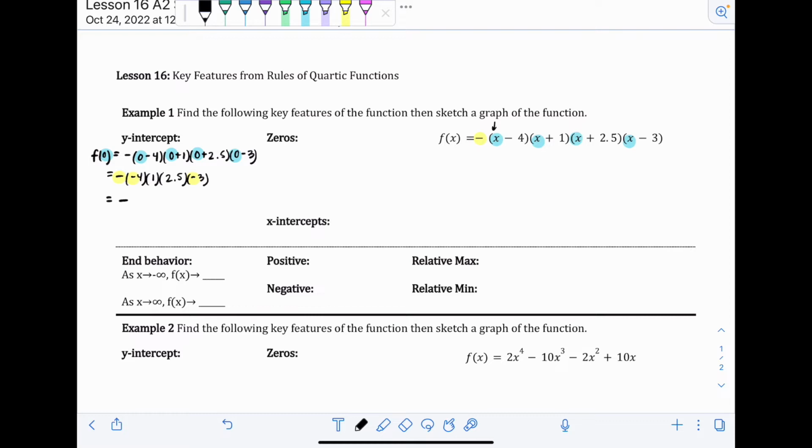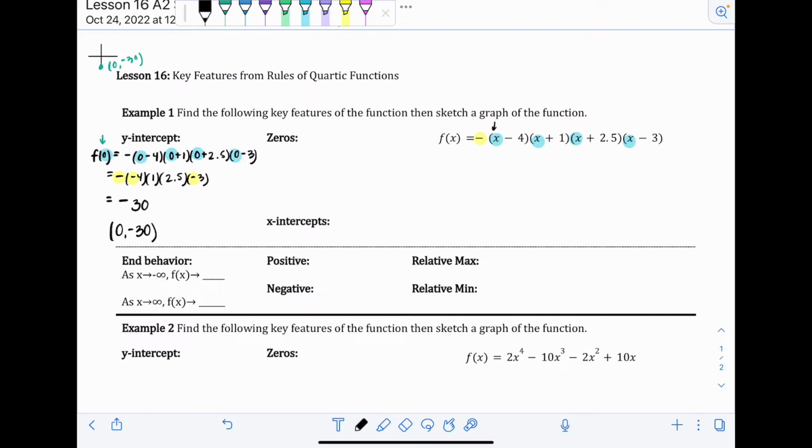So altogether it's 30, and it's negative 30 since we had an odd amount of negatives. So that's my y-intercept. I just want to write it as a point. If you picture an x and y axis, a y-intercept of negative 30 would be 0 for x, and then negative 30. It's also a nice reminder because we put 0 in for x to find this number, so 0 must be the x coordinate as opposed to the y coordinate. So 0, negative 30.